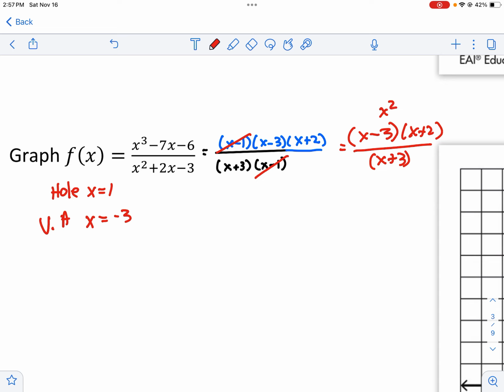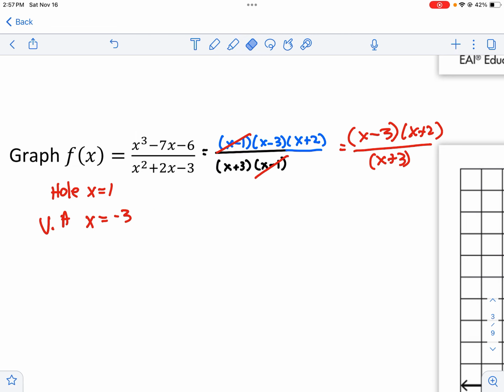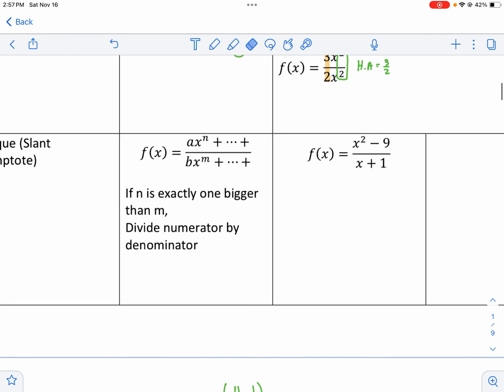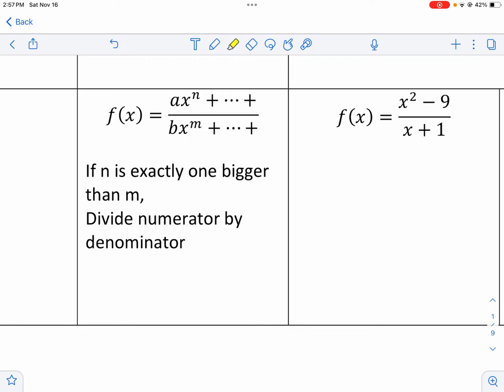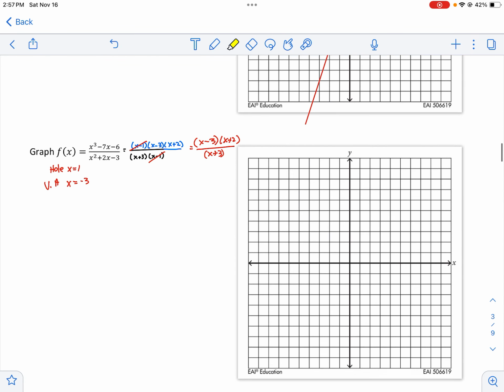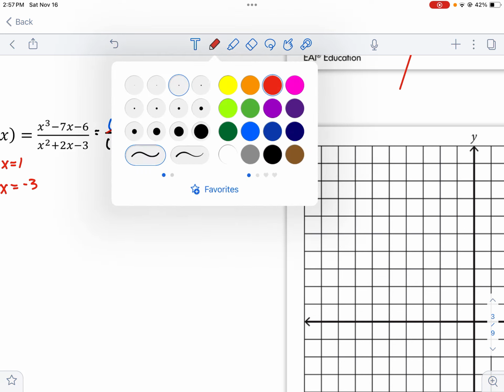The power on the bottom is also x squared, because I have x and x. So that means that there is no horizontal asymptote, but there is an oblique asymptote. An oblique asymptote happens when the top is exactly 1 bigger than the bottom. When that happens, we've got to do synthetic division or long division.